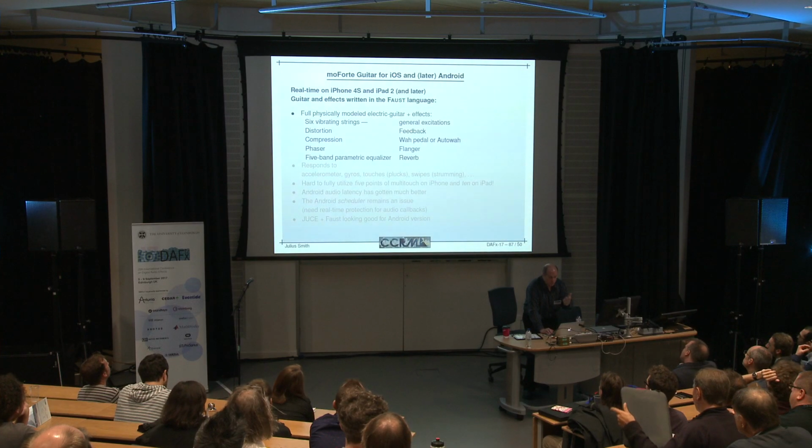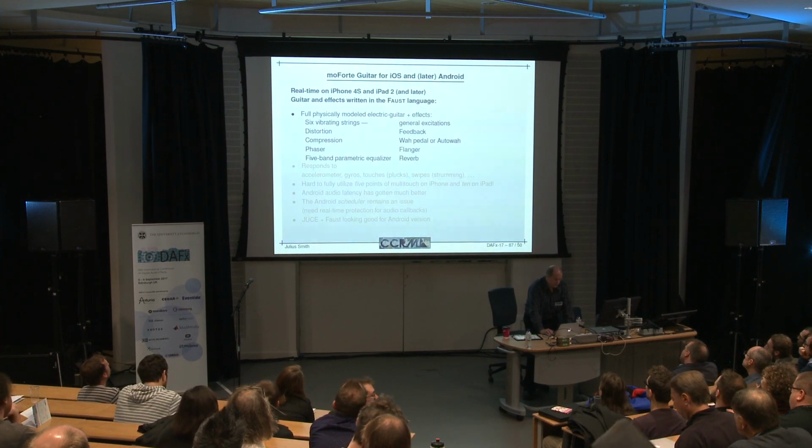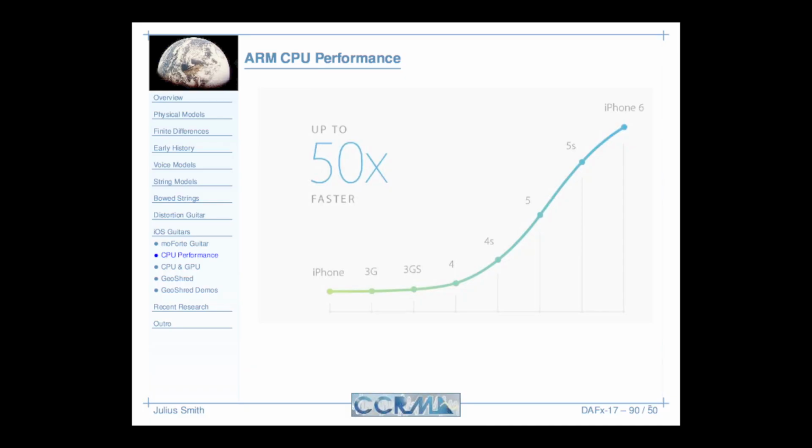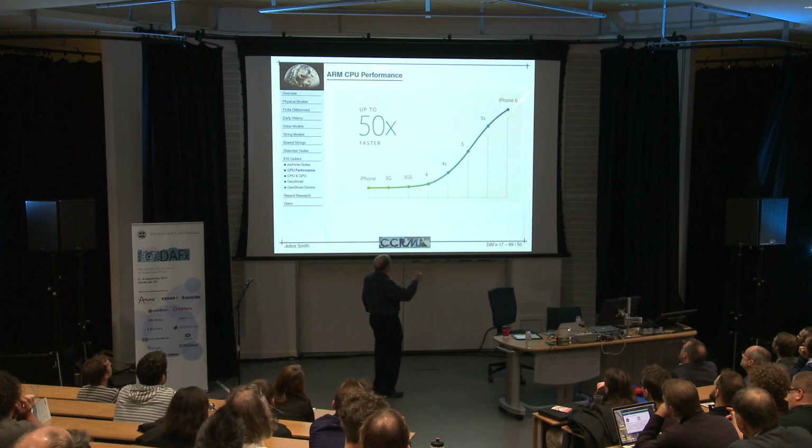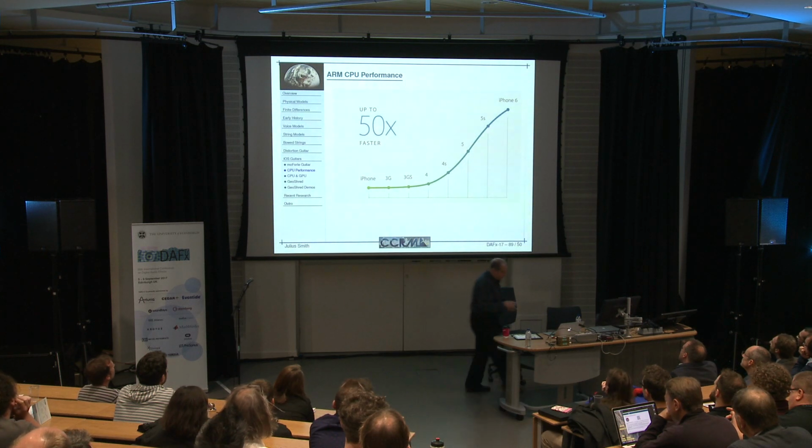The controllers, the touch screens, and the gyros and accelerometers are incredible. On an iPhone 4S, which is a long ago machine, let me show you where it is on the power curve. This is the power curve up to iPhone 6. The 4S is way down here, so everything up here is just gravy.